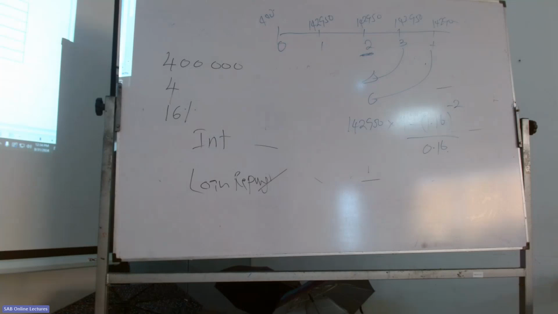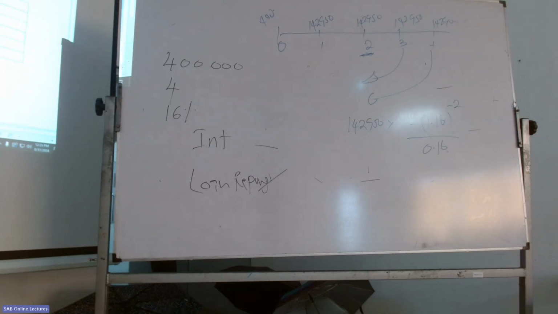Right. Now in year 3, the opening balance is 229,468. The bank charges interest on this at 16%. So now the interest is 36,740.